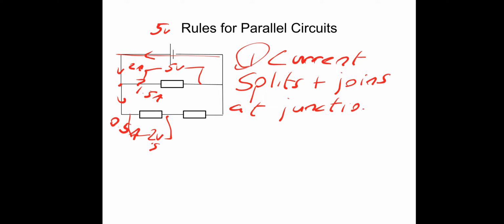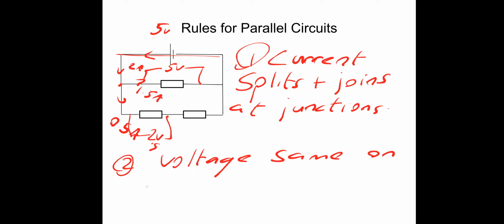And then secondly, the voltage, basically voltage is the same on each row. The supply voltage, same on each row. So on this one, there's 3 rows, the first one, second one, third one. They all have a voltage of 5. Right, let's move on then.